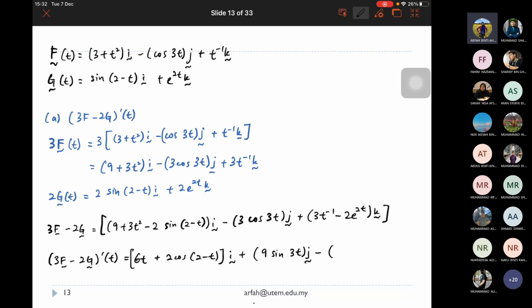Okay. Tolak dengan 3t negatif 2. Yang ini jadi tambah 4 eksponensial 2t k. Okay. So dapat itulah jawapan dia. So dapat? That is the first one.